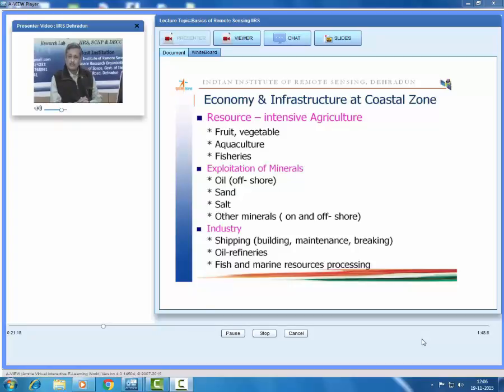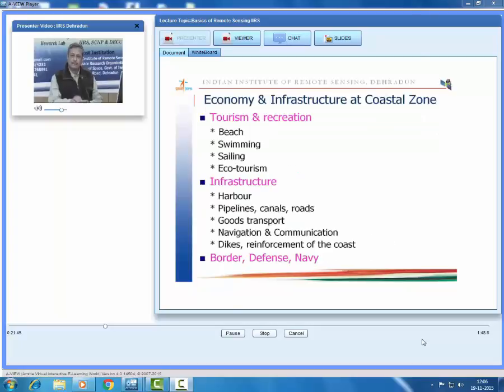There is exploration of minerals in the form of oil, offshore as well as onshore, sand mining, salt mining, other minerals offshore and onshore, and various industrial activity, like shipping, ship building, ship maintenance, ship breaking. You know, there are lots of oil refineries on the Mumbai coast and the Gujarat coast, and fish and marine resources processing factories in the coastal area.